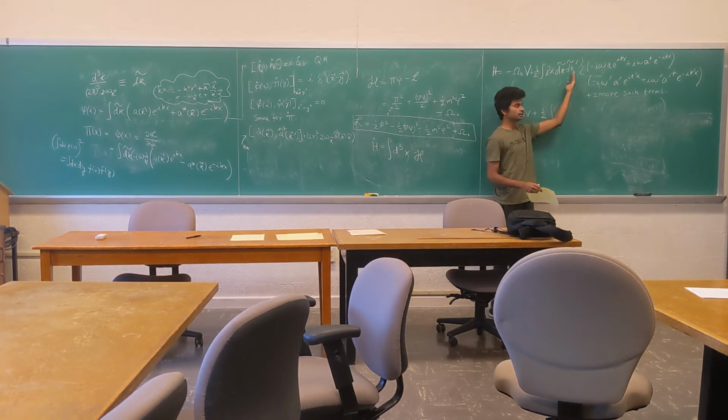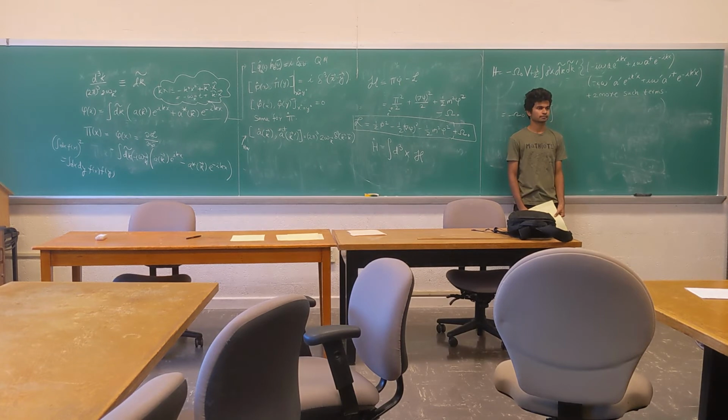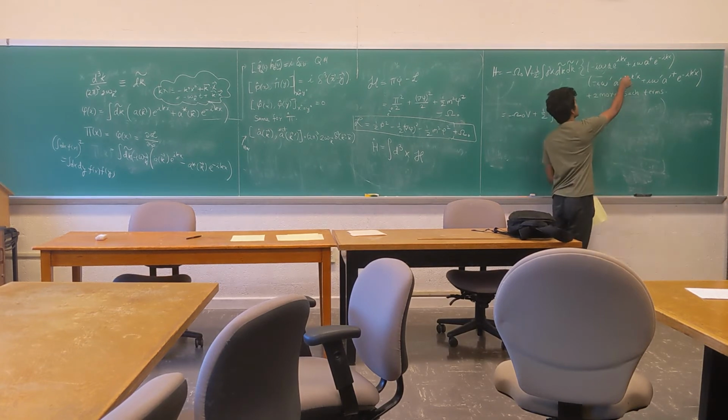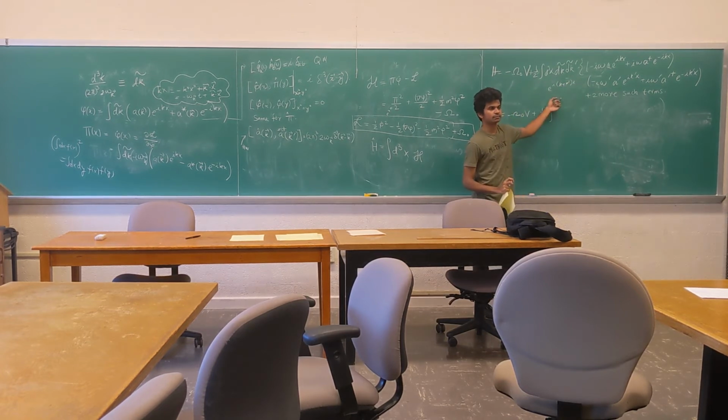Using one of the d3k prime integrals, you can get rid of the delta functions. So for the cross terms, k will be equal to k prime. For the non-cross terms, k will be equal to minus k prime, because this will become e to the i (k plus k prime) x, and when you integrate it out, you have a delta function of k plus k prime.